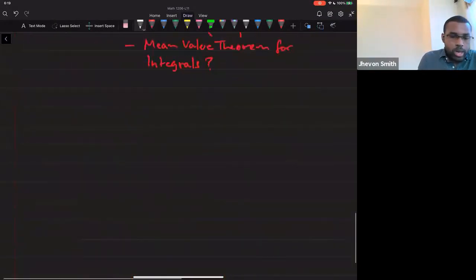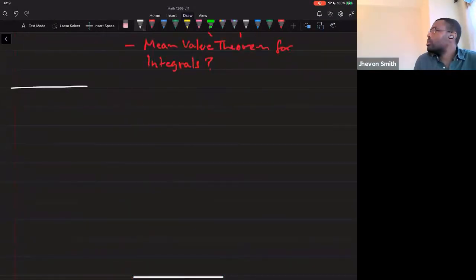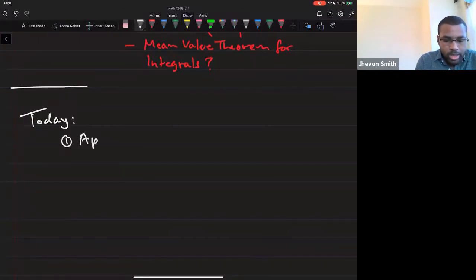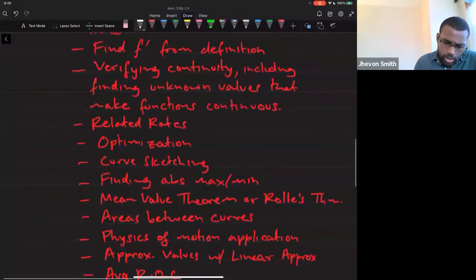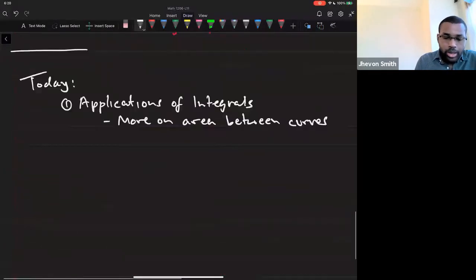Okay. So let's pick up where we left off. So we will talk about today applications of integrals. So I'll say some more on area between curves. I did mention that, right? Areas between curves, yeah.